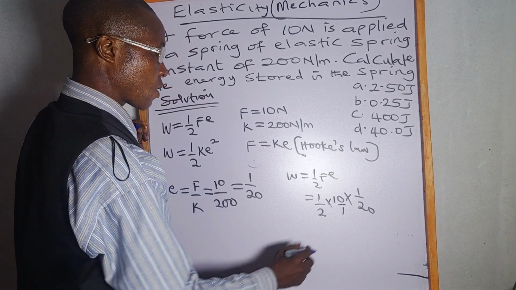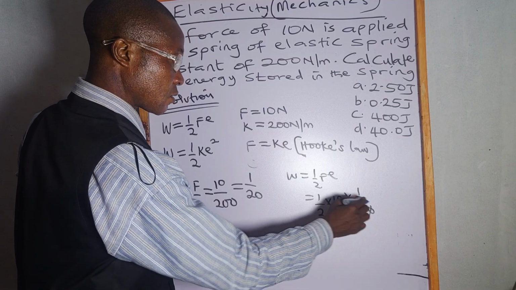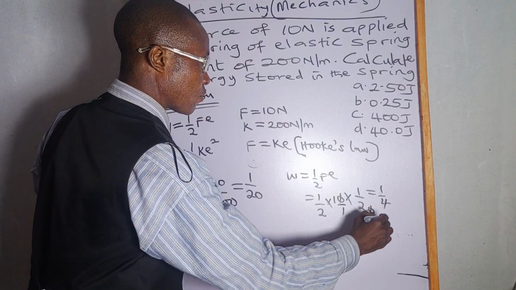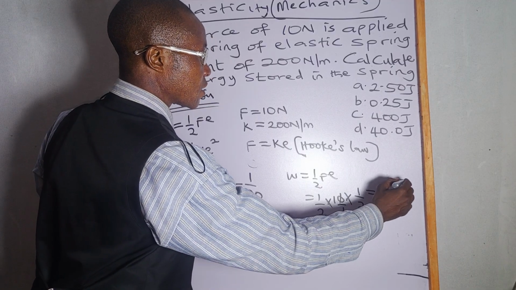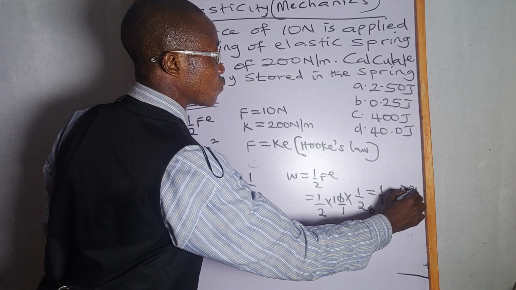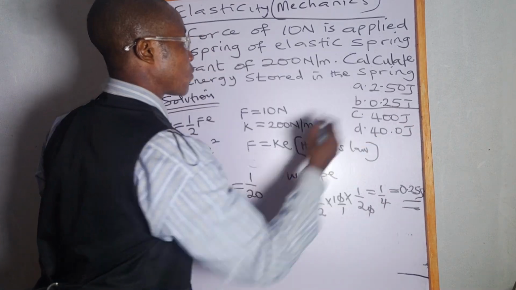The zero cancels here, and we have 1 over 4. When you do that very well, you get 0.25 joule. Then option B is the correct answer.